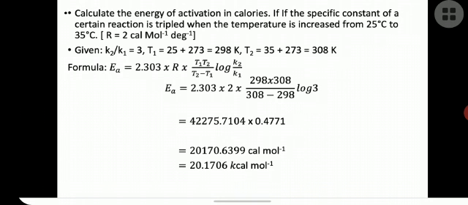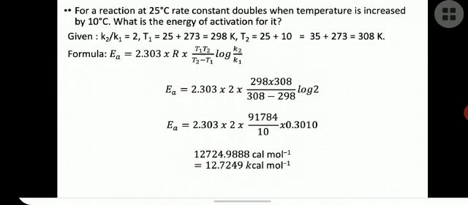To find out the energy of activation in kilocalories, we have to divide this value by 1000 and it becomes 20.1706 kilocalories per mole. So it is the value of energy of activation in kilocalories. Now we want to see the next problem again.